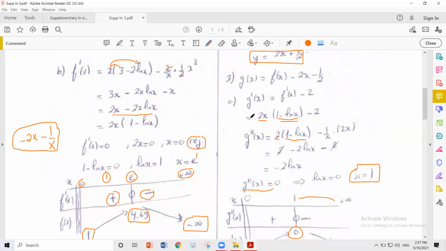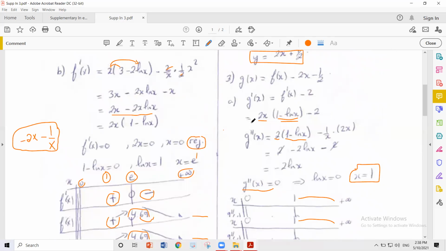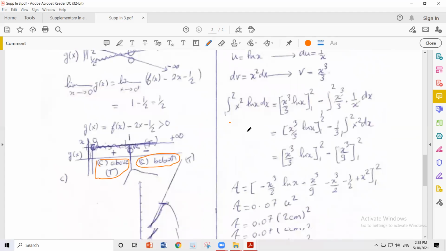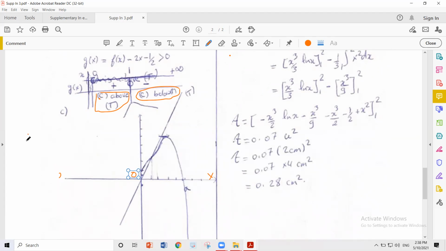The equation of the tangent is 2x plus half. At x equals 0 it gives half. At x equals 1 it gives 5/2.